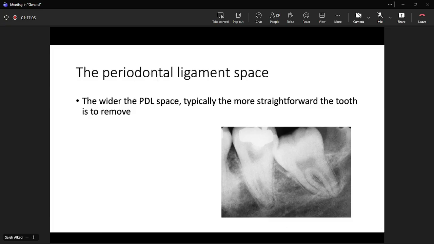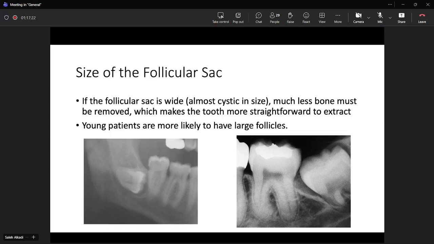A very important thing is to look at the periodontal ligament space. We know that the wider the PDL space, the easier it is to save the tooth within the PDL space. So this will create a more straightforward extraction. The opposite, if there's no periodontal space or the tooth is ankylosed, this will create difficulty.